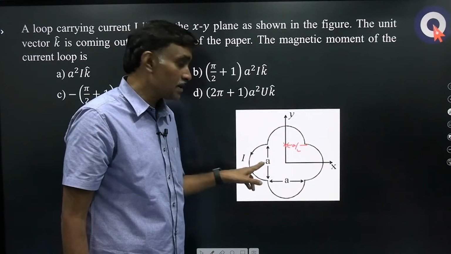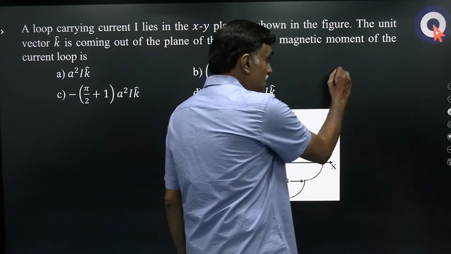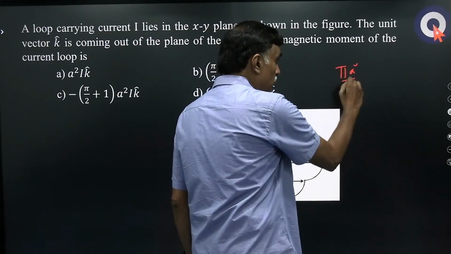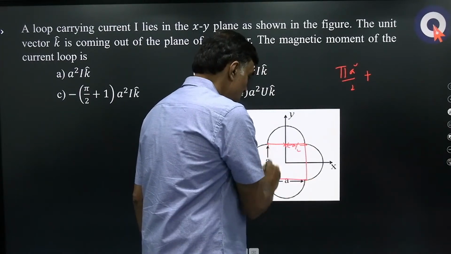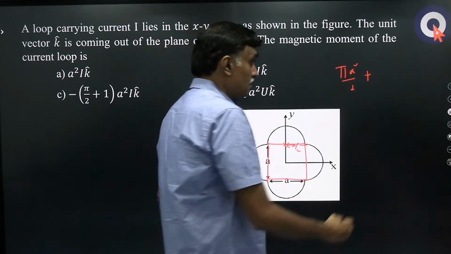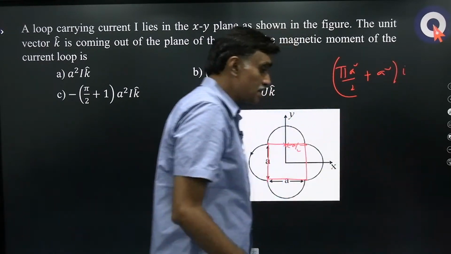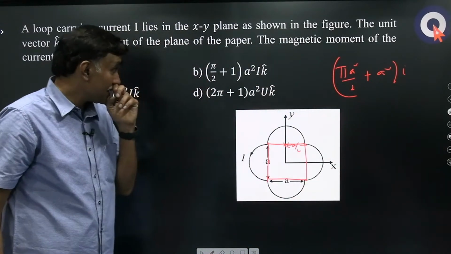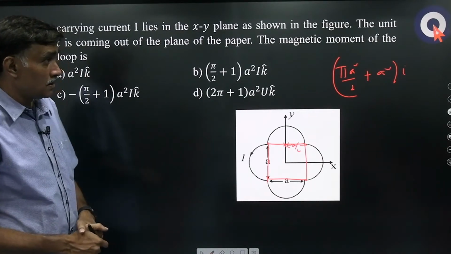But there are 4 semicircles, so into 4. So pi a square by 8 into 4, that is pi a square by 2, plus this square. What is this square? It is a square. So plus a square, into I. So that is magnetic moment, and it is along z axis. So k bar. So a square into pi by 2 plus 1.